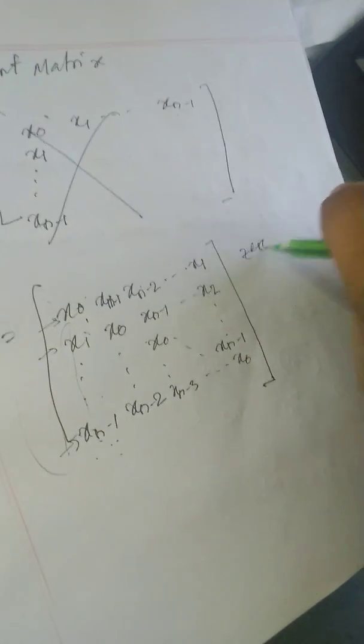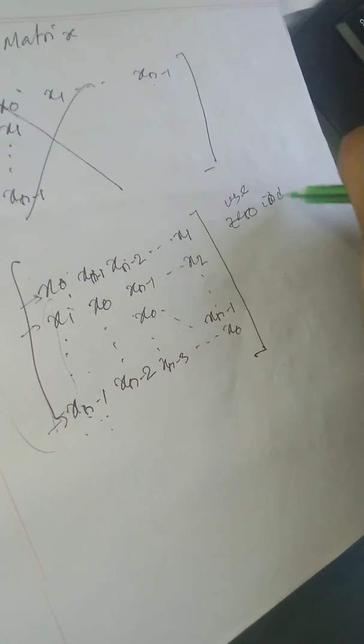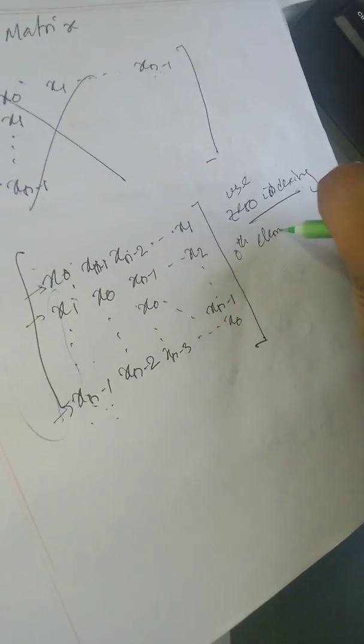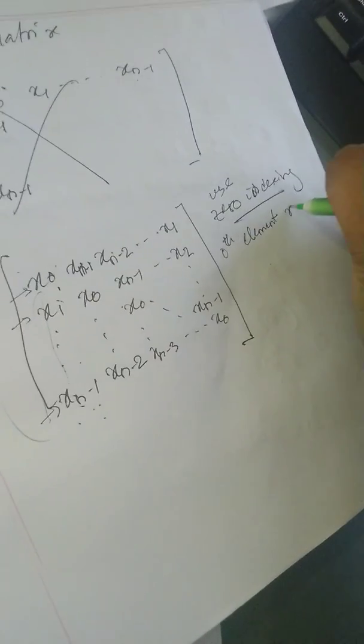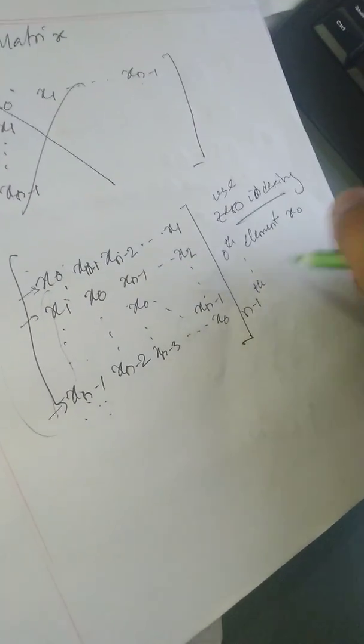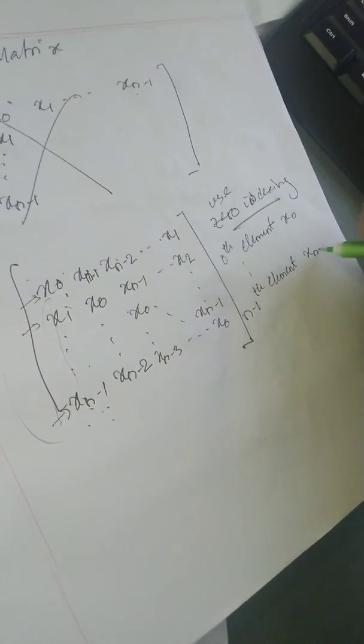So let's actually zero index. Use zero indexing. So the 0th element of x is x0, and the n minus 1th element is x n minus 1.